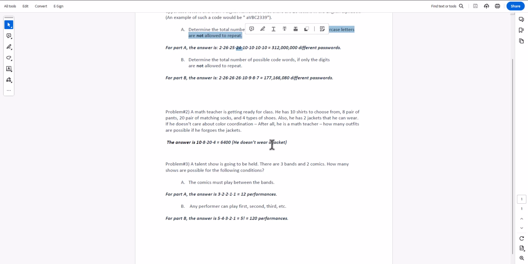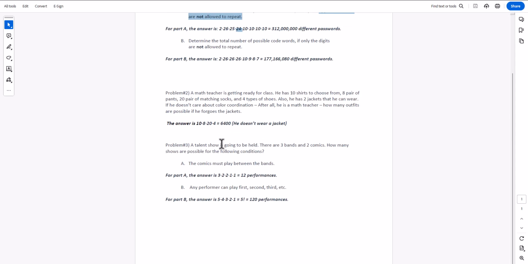Forgoes the jackets means he's not going to use the jackets in his outfit. So we have 10 shirts times 8 pairs of pants times 20 pairs of socks times 4 shoe types. Multiply that out. There's 6,400 different outfits.